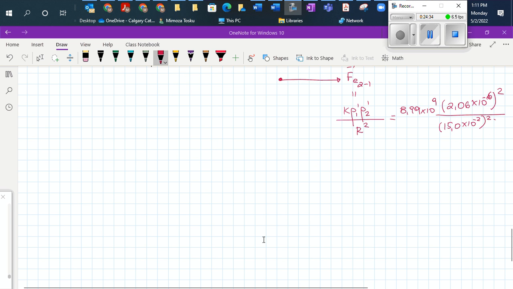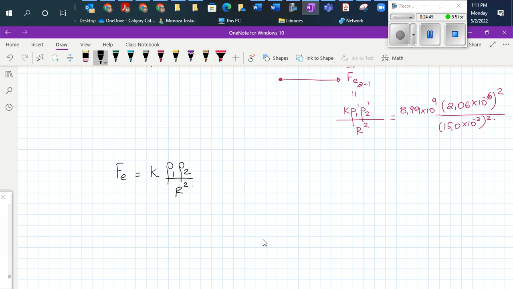Now, if we consider Coulomb's law, the magnitude of the electrostatic force is K Q1 Q2 over R squared. From here, we can derive that if we know Q1, Q2, and the magnitude of the force, the distance will be the square root of K Q1 Q2 over the magnitude of the electrostatic force that exists between those two charges.